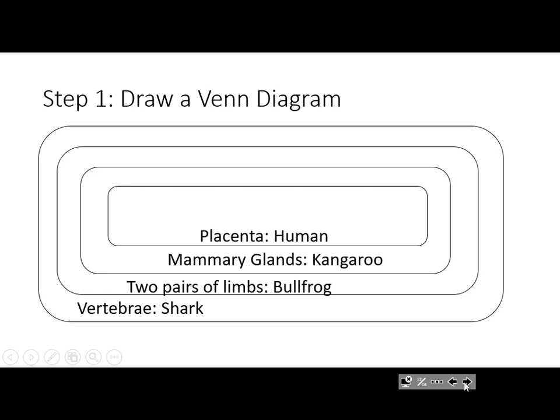Lewis says the shark, and that shark only has what? The vertebrae. So as I construct my very first one, off to the side, and I don't know if, here is the common ancestor to every one of these.